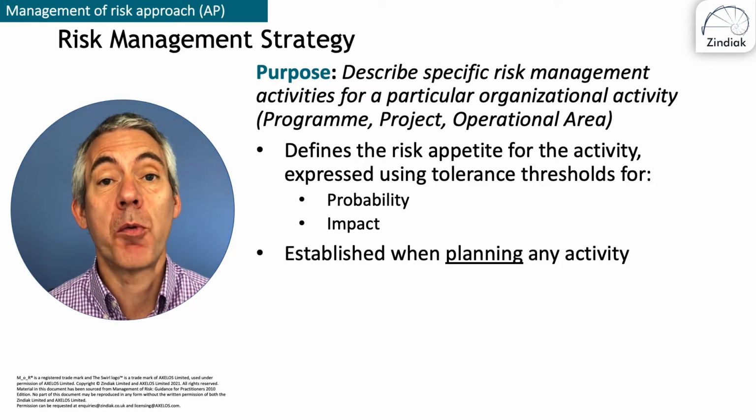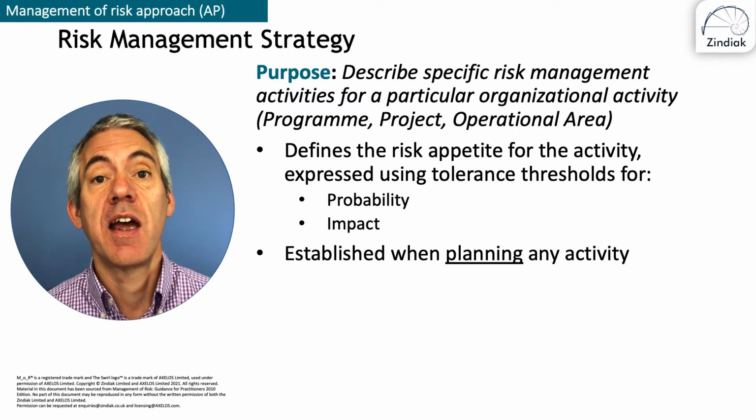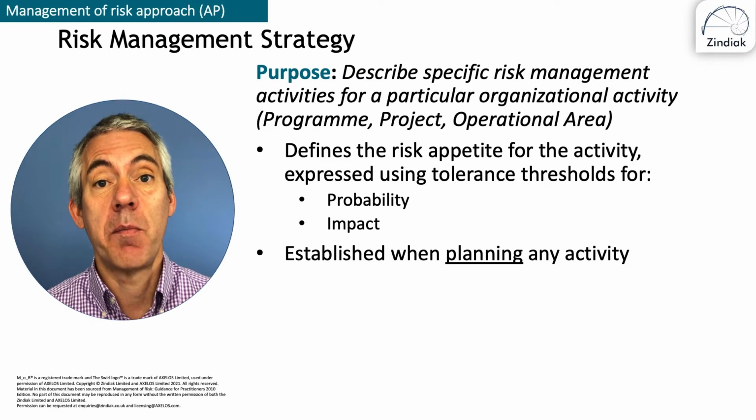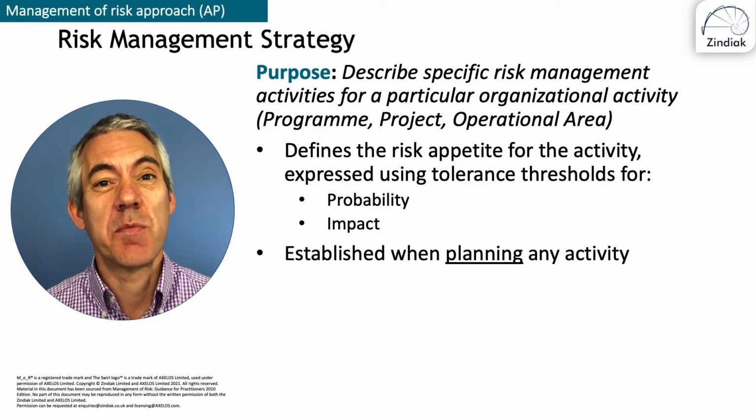So for instance, for a project, we might have a situation where the risk tolerance for probability is high and below, that is high, medium, low and very low, but the risk tolerance for impact is medium and below.